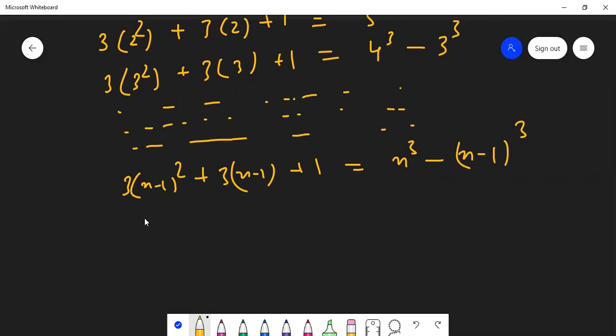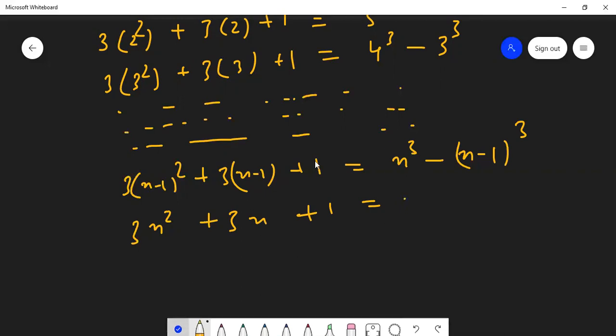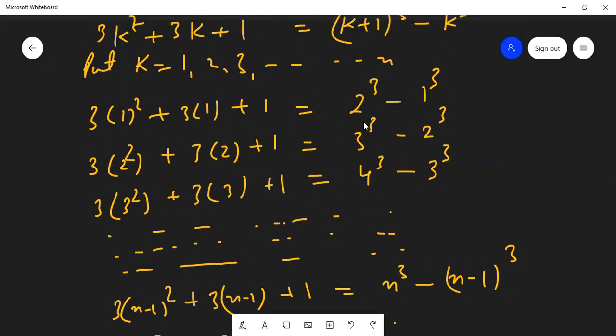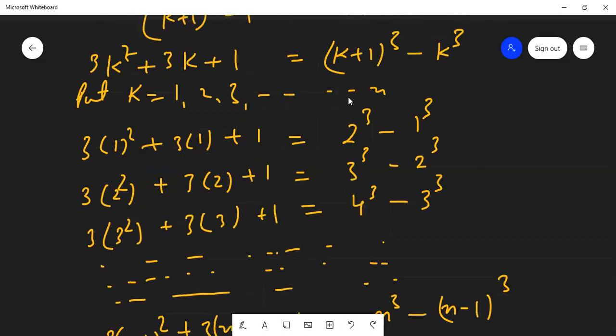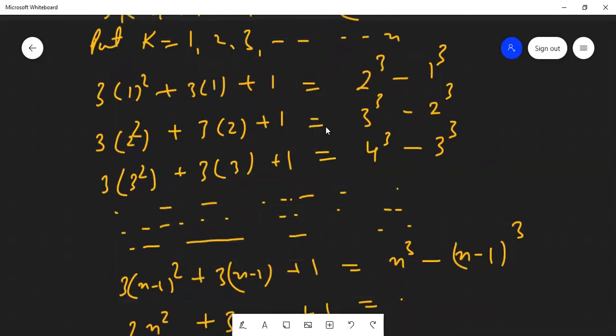Now put k equal to n. Now this becomes 3 times n square plus 3 times n plus 1 is equal to, for k equal to n, this quantity up here, which was k plus 1, becomes n plus 1.